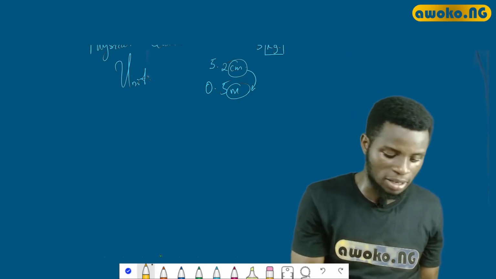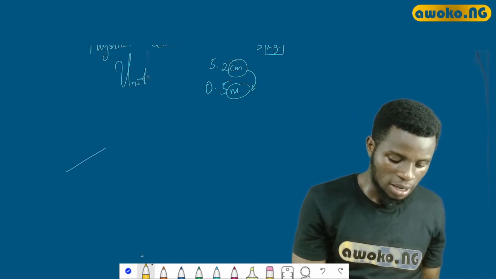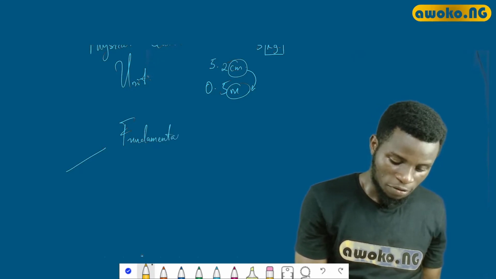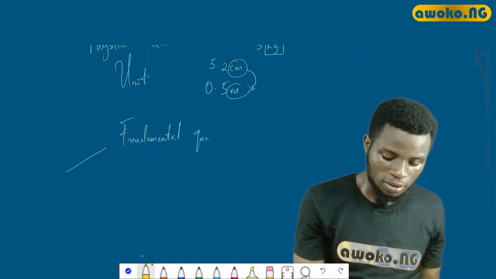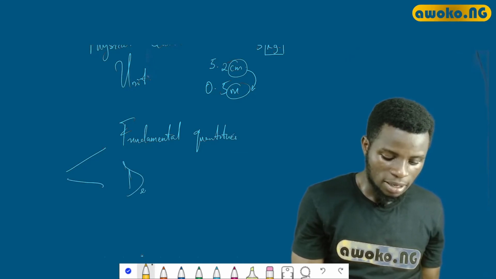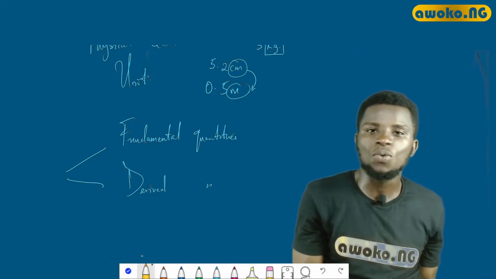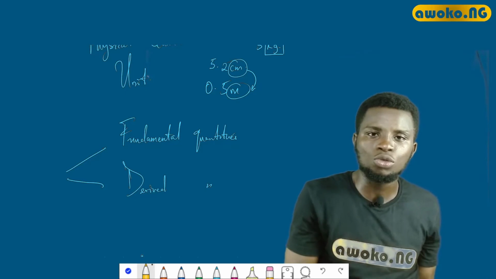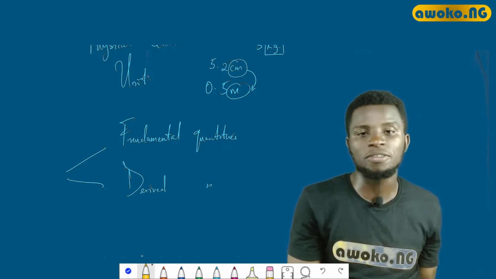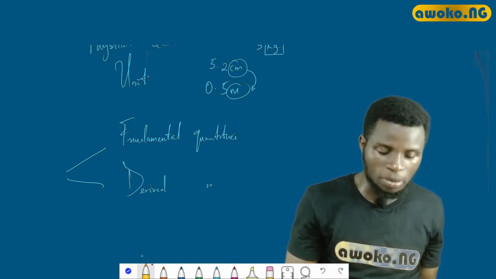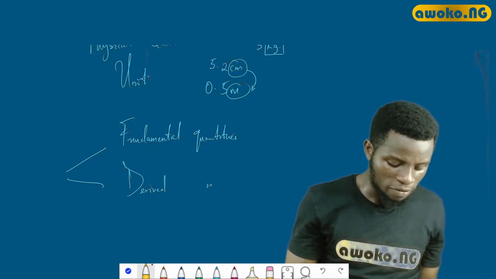The first one is the fundamental quantities and the second is the derived quantities. These are the 2 major quantities that we have, at least for your level. Is that okay?